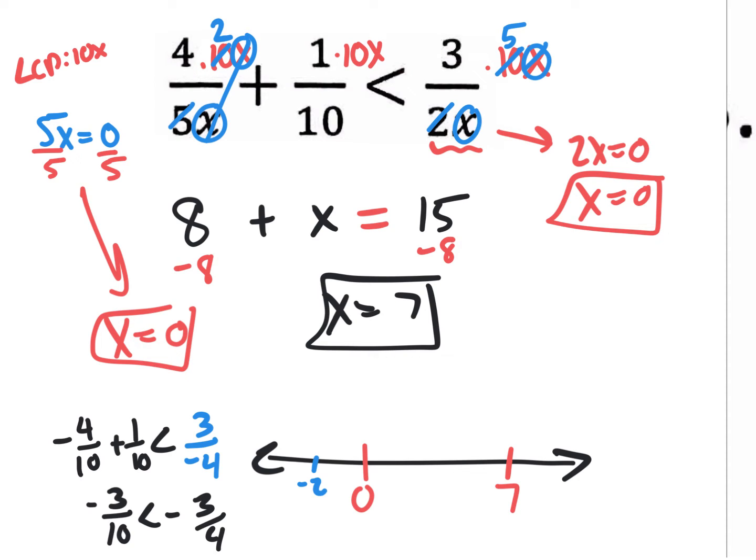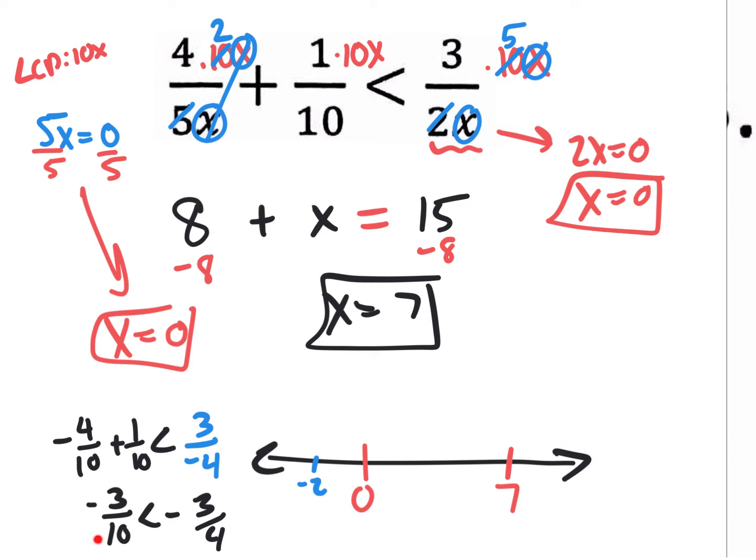That is the question. You could use a calculator and go -3 divided by 10. That'll give you -0.3. And you could do the other with the calculator, and that'll be -0.75. So is -0.3 less than -0.75? If you think about the number line, which one's closer to the positive numbers? Which one's on the right side?